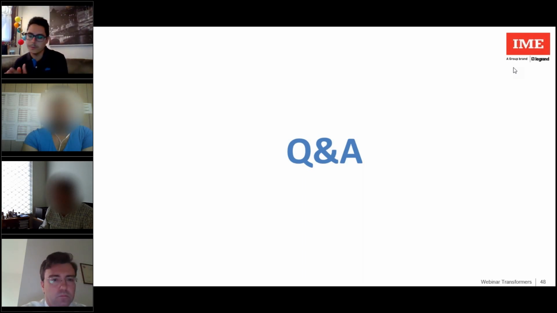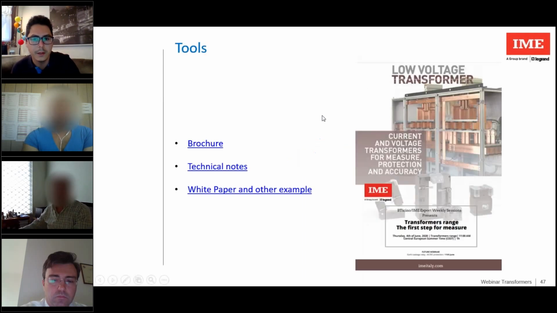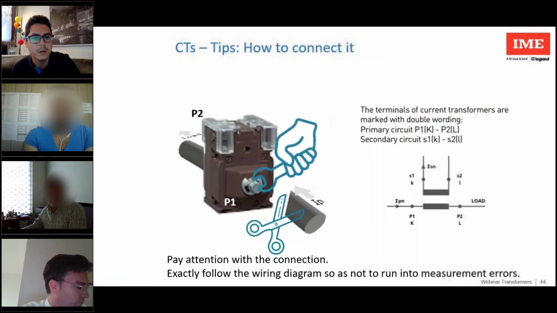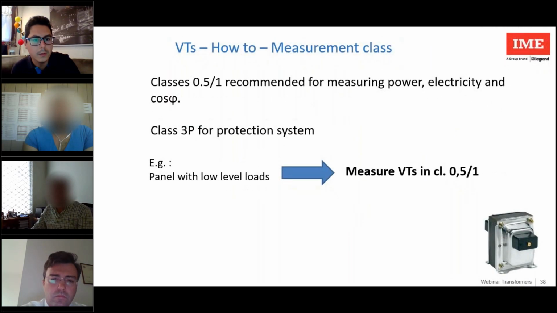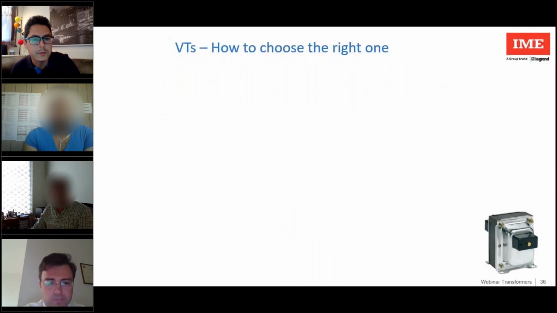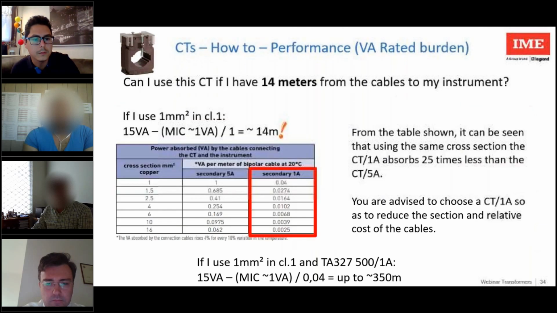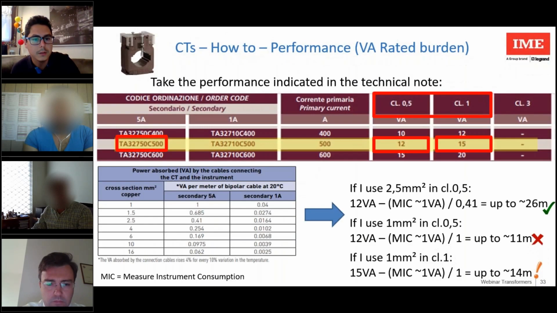When you reach the maximum volt amps of a class 0.5, as we see in the last example, I retake this example, or better, the table of the TA327, this one.